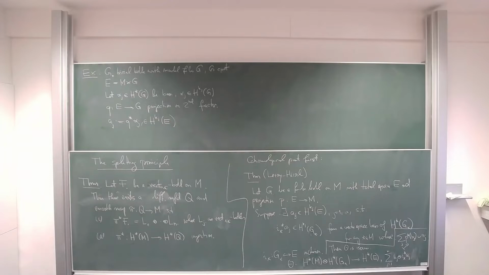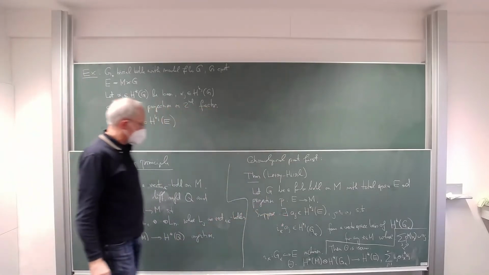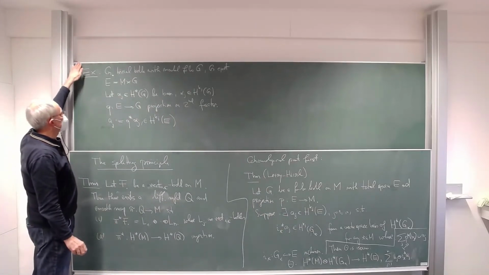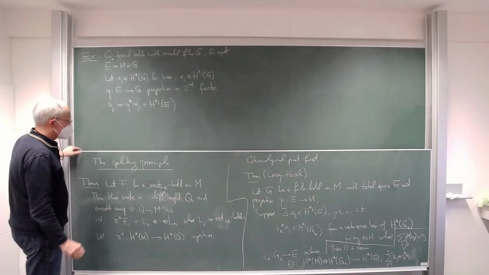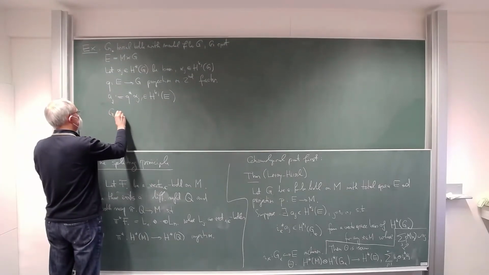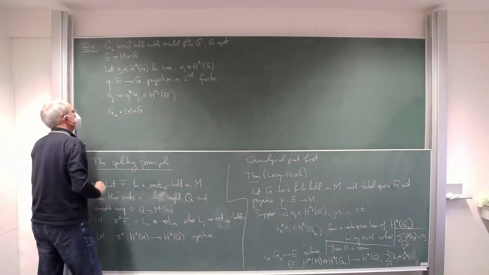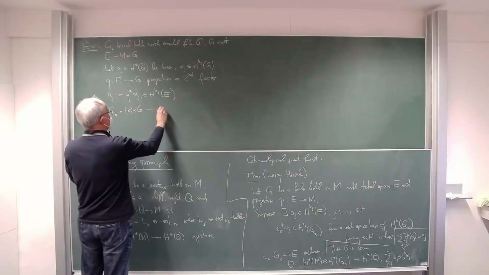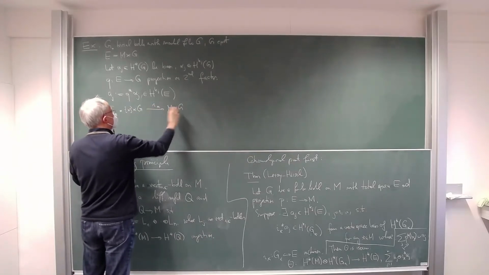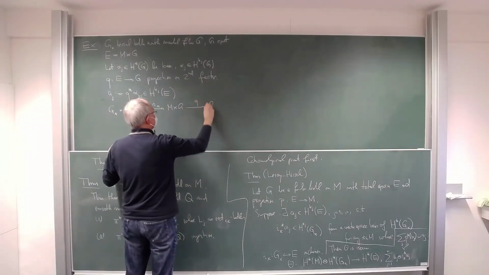Let's see, we have to check that if I restrict it to one of the fibers, then I get a basis of the cohomology of the fiber. So what's going on here? If I have a fiber Gx, which is nothing but x plus model fiber in this case, I can include it into M cross G, which is my total space. Then I can project back onto the second factor.